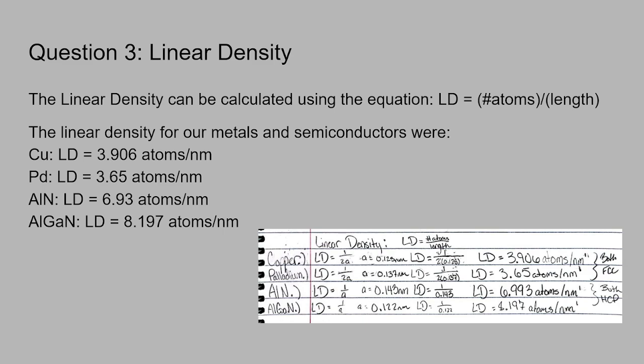The linear density was 3.906 atoms per nanometer for copper, 3.65 atoms per nanometer for palladium, 6.93 atoms per nanometer for aluminum nitride, and 8.197 atoms per nanometer for aluminum gallium nitride. You can see in the bottom right how it was calculated.